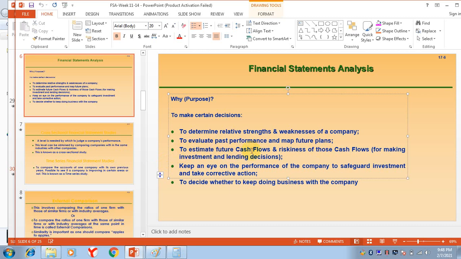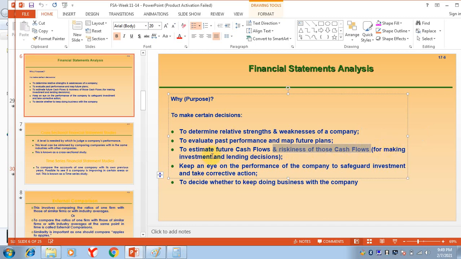To estimate future cash flows and the riskiness of those cash flows. To make an estimate of what the future cash flows will be and what the riskiness of those cash flows will be. For making what? Investment and lending decisions. Why do you need an estimate of cash flow?